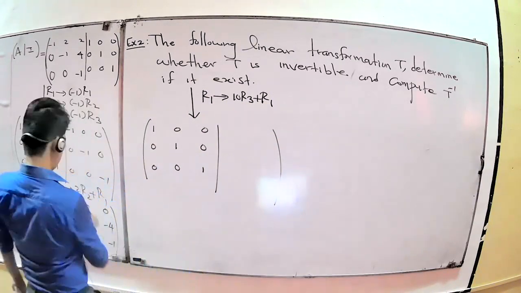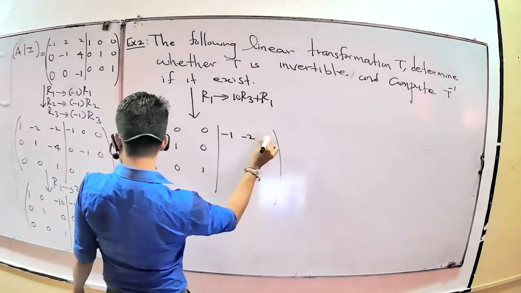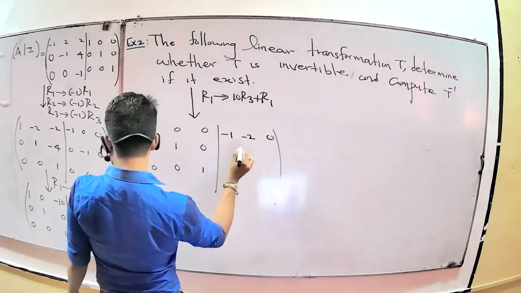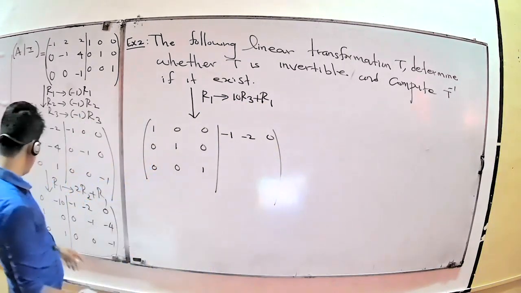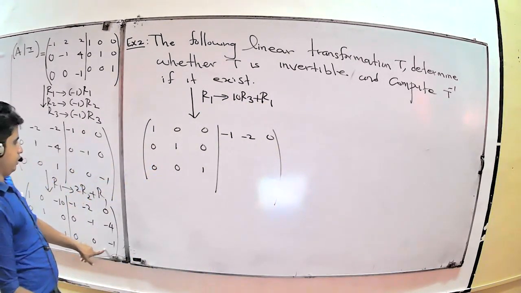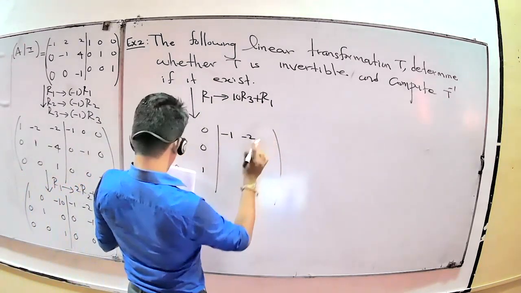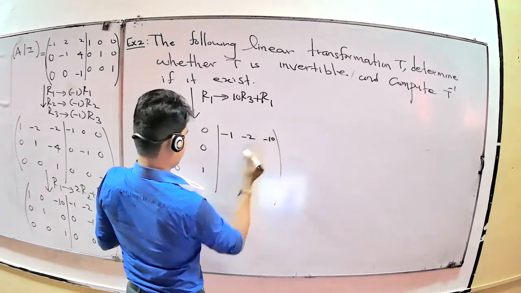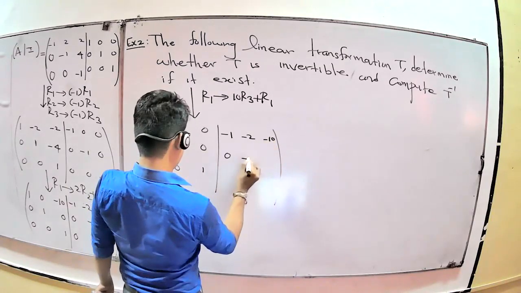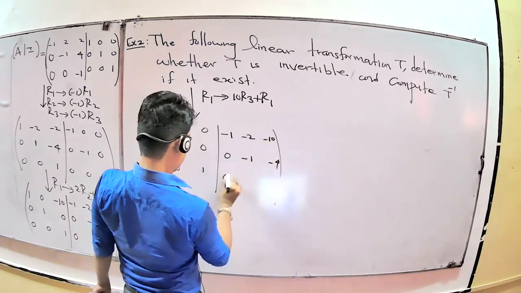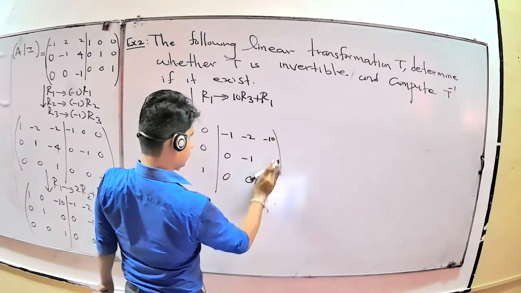Here you get minus 1, minus 2, minus 10, 0, minus 1, minus 4, 0, 0, minus 1.